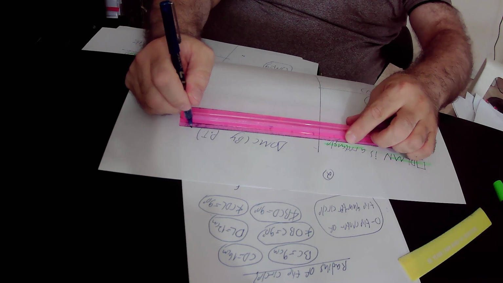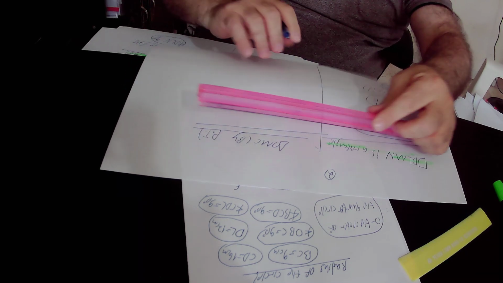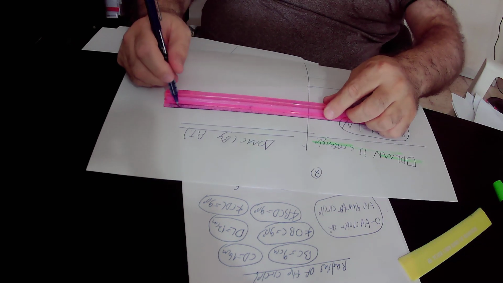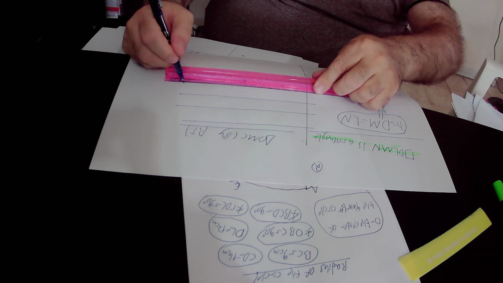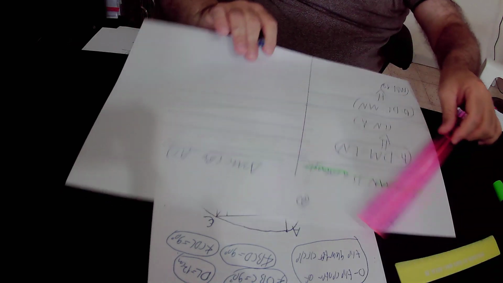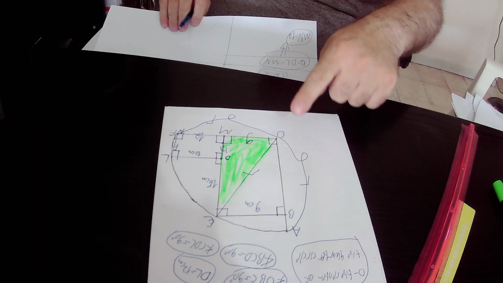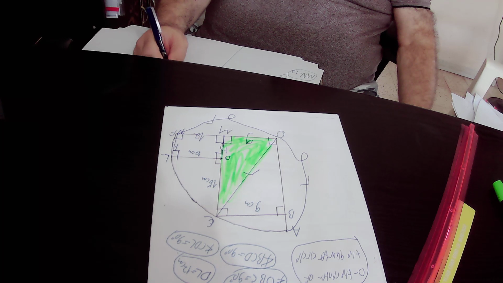In the right triangle OMC, according to the Pythagoras theorem, the square of the hypotenuse equals the sum of the squares of the perpendiculars. So here, the hypotenuse is OC, therefore the square of the hypotenuse is OC square.